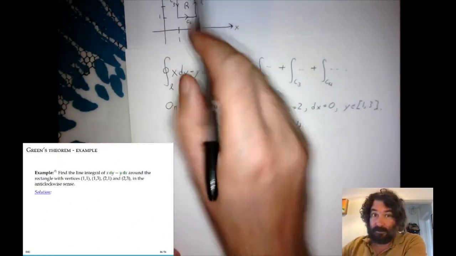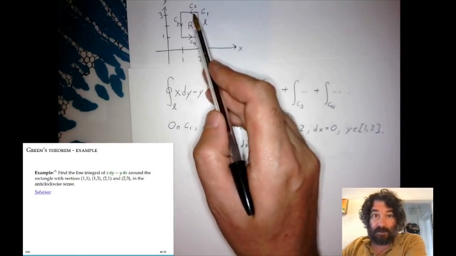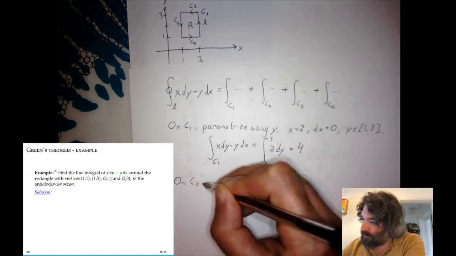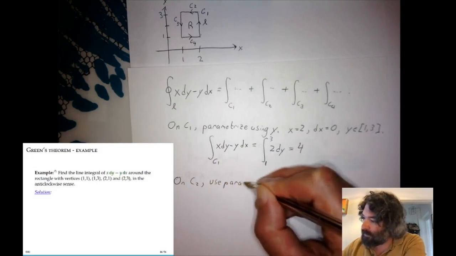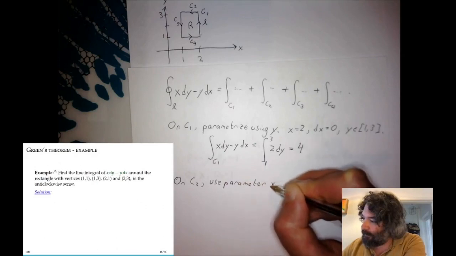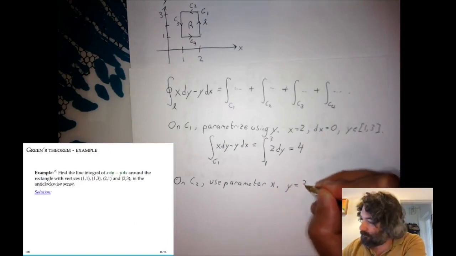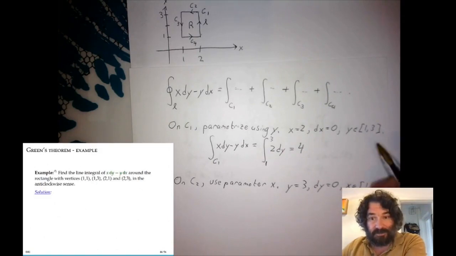So on C2, the top, we parameterize using x. So on C2, we use a parameter x, and we have that y is equal to 3 on the top, which means dy equals 0, dy/dx times dx, 0, and x is in the interval from 1 to 2, and here the direction of the curve becomes important.